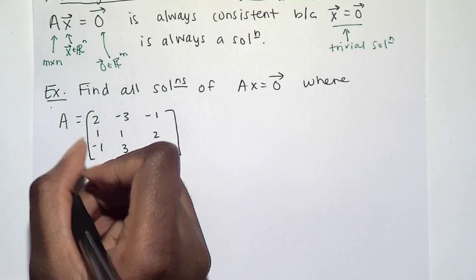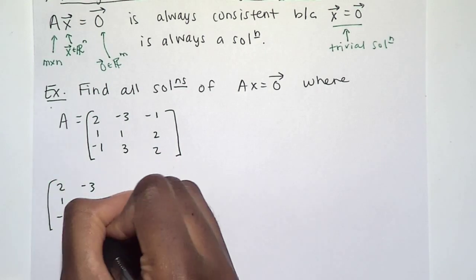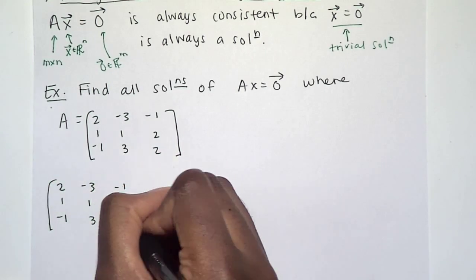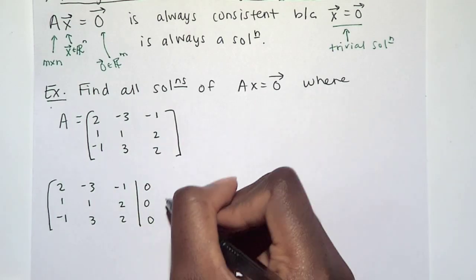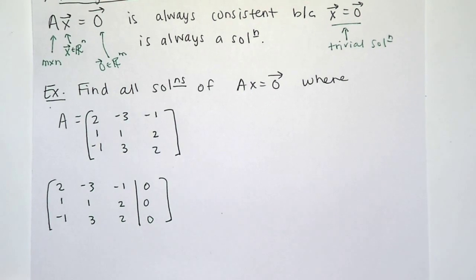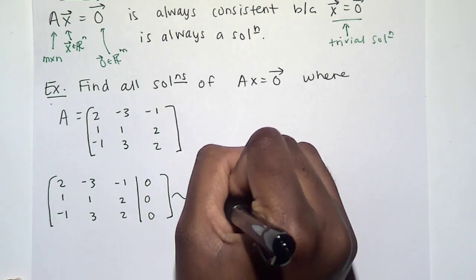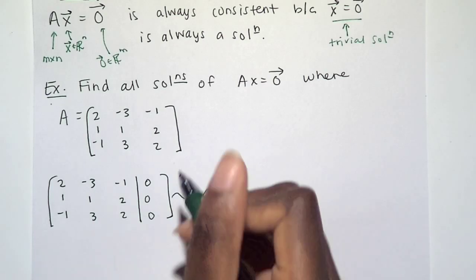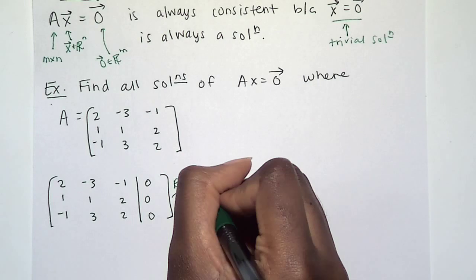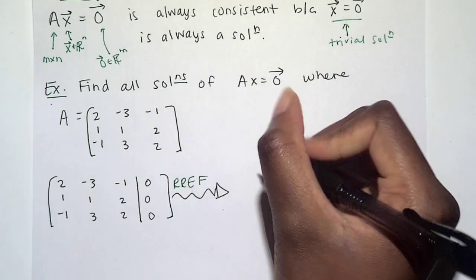So here's our A, and we're going to set it equal to the 0 vector. Of course, we would go through the work. You're welcome to use MATLAB or something to row reduce really quickly, but I'm going to get it into RREF.